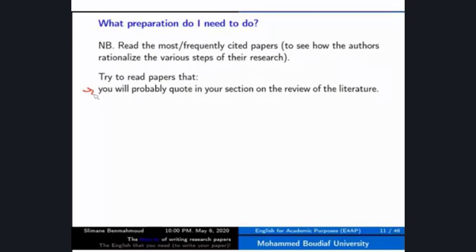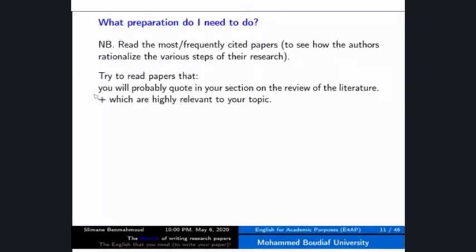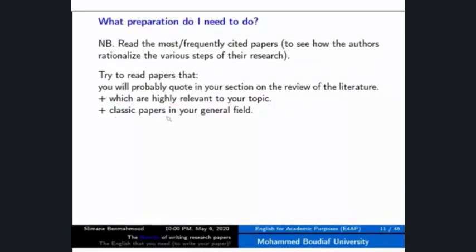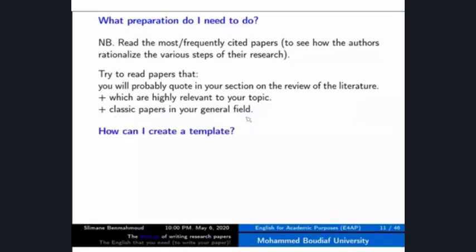It's mandatory that you have a literature review part, even if it is included in your introduction, and you are going to cite some papers. So try to use these papers that you are going to cite. Also, try to read papers which are highly relevant to your topic, which are strongly related to the topic you are working on. Also, try to read classic papers in your general field, which have a very high weight in your general field. Okay.